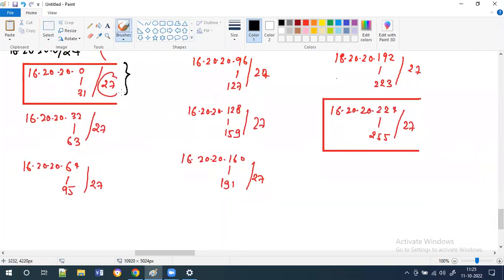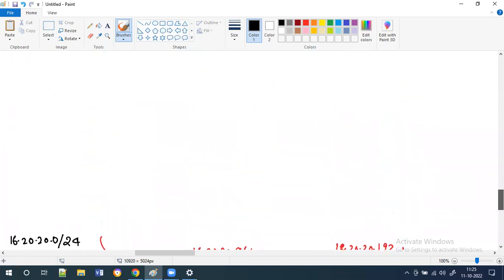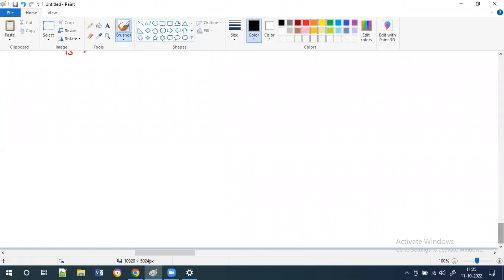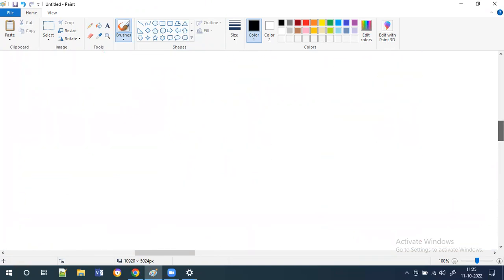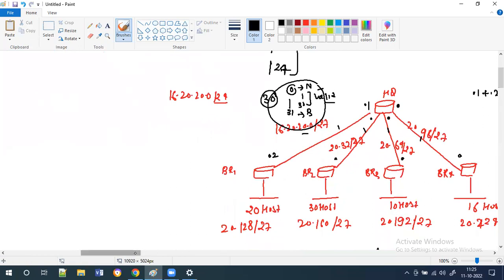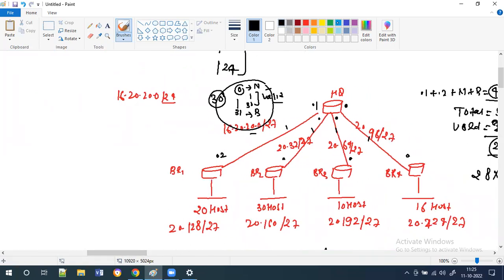How many IP addresses we have here? 30. Correct. Let's pick the one subnet and let's do the subnetting once again. Here in between the branch office and headquarter, how many IP addresses we need here? I need one IP address here, one IP address here. Right. So total two valid IP address.